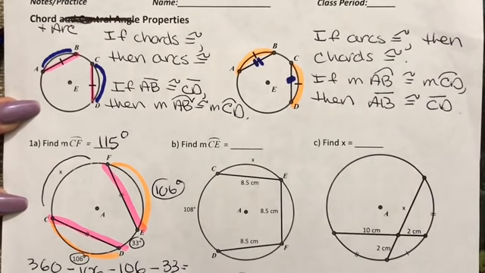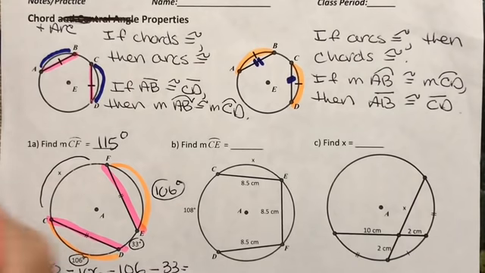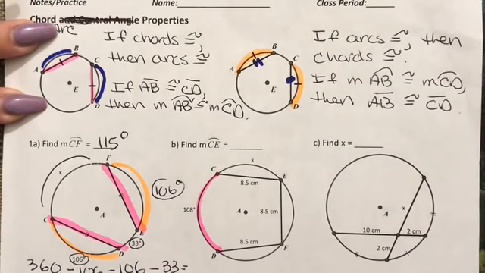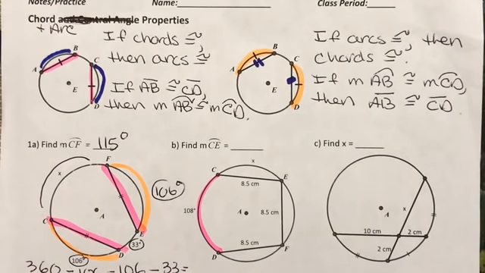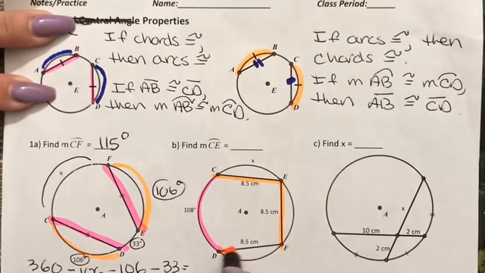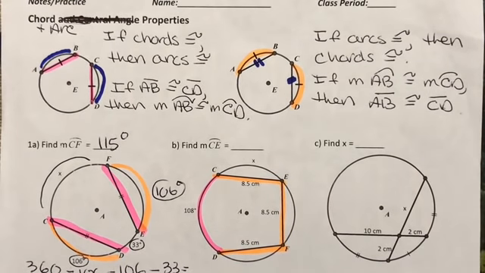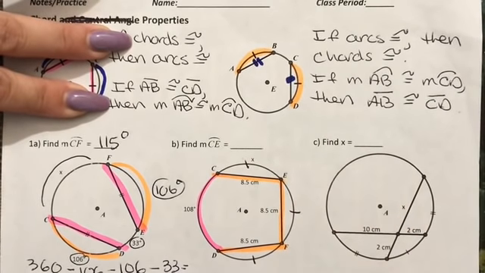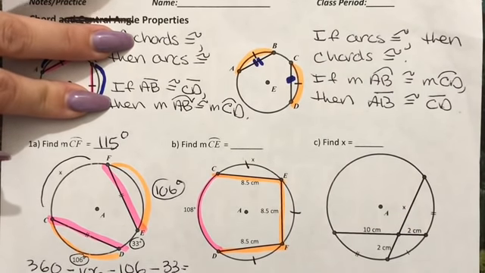In the second one, they only gave me one arc, which is 108 degrees, but they did give me 3 congruent chords. So since all of those chords are congruent, I know that all of these arcs must also be congruent.